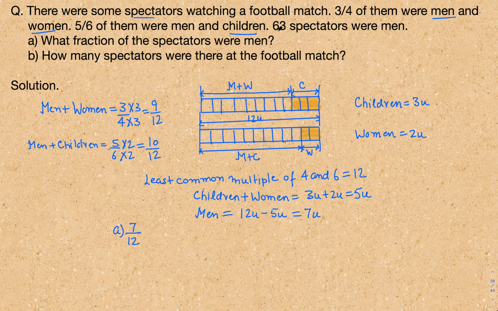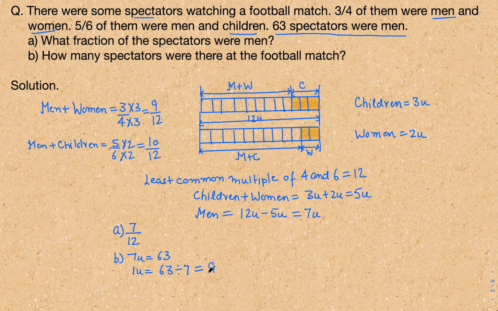In the question we have 63 spectators were men, and we know the number of units of men is 7 units. So we can equate it: 7 units should be equal to 63, so 1 unit should be equal to 63 divided by 7. That will give you 9, right?